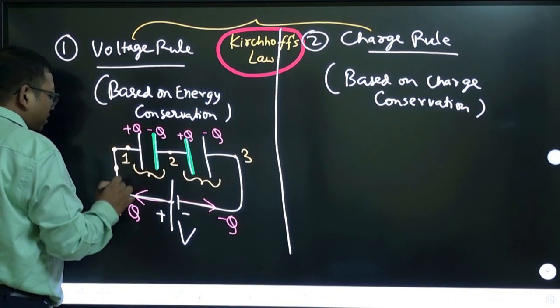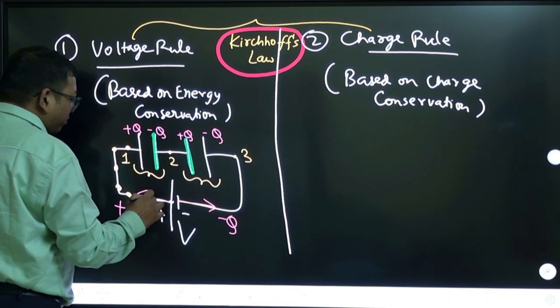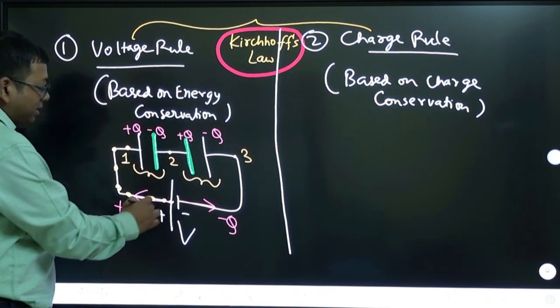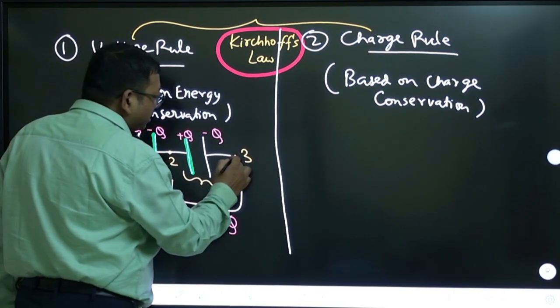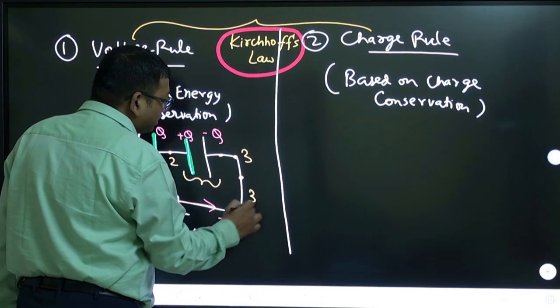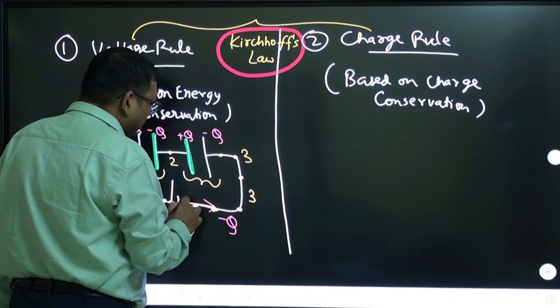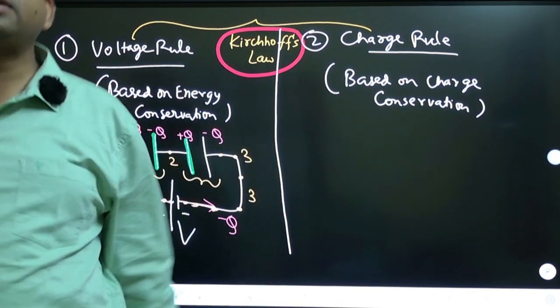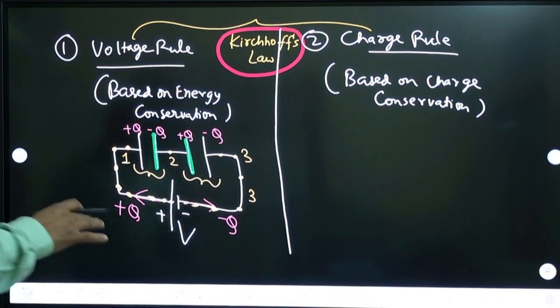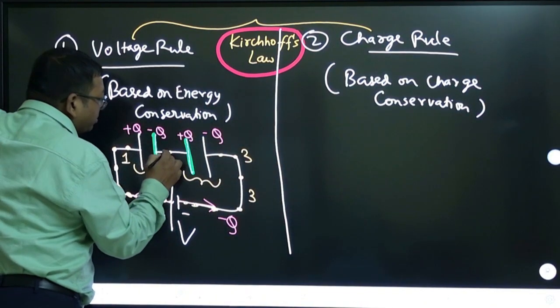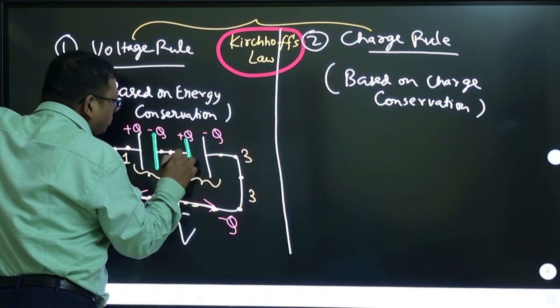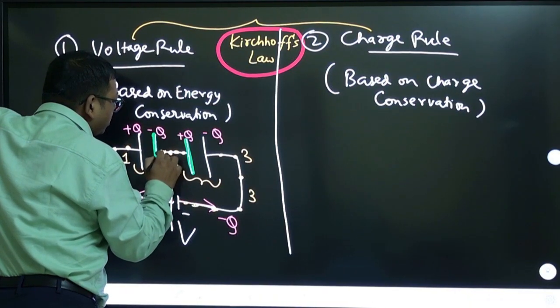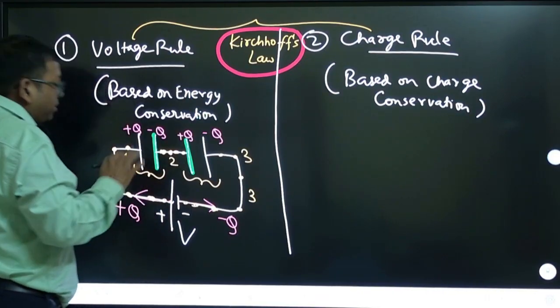All these points are 1, because nothing is connected in between. All these points are 3, because nothing is connected. When nothing is connected in between, it is the same potential or same point. This you have to understand. Similarly, all these points are 2 only, because nothing is connected. First, we need to understand this.